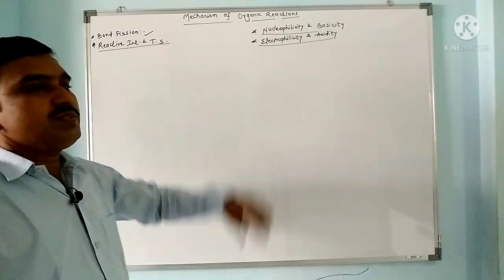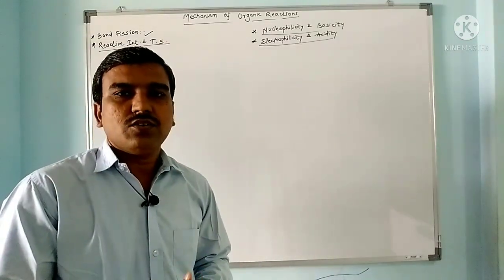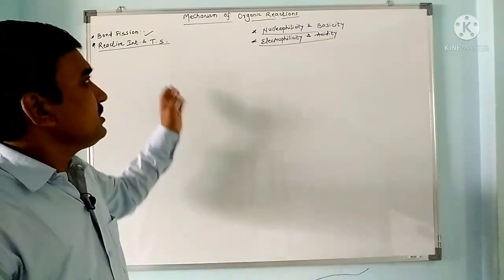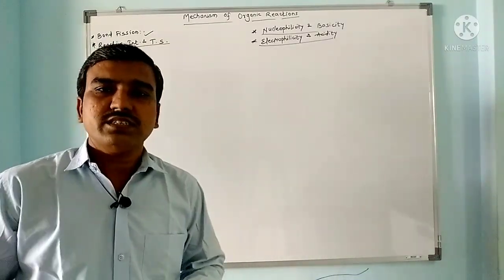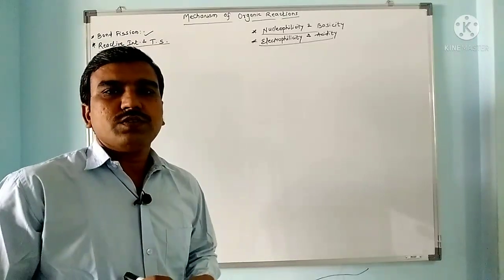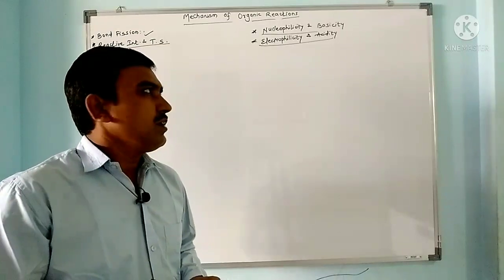These are the terms we have discussed and learnt in first year or second year, but in this organic reaction mechanism we have to revise all these things again, and these terms are very important to understand organic reaction mechanism.